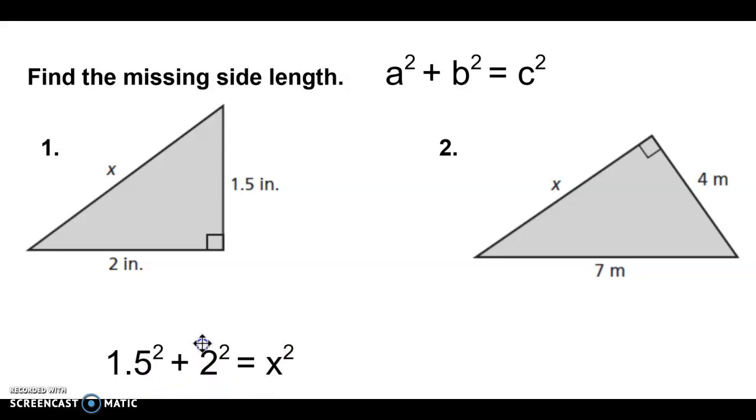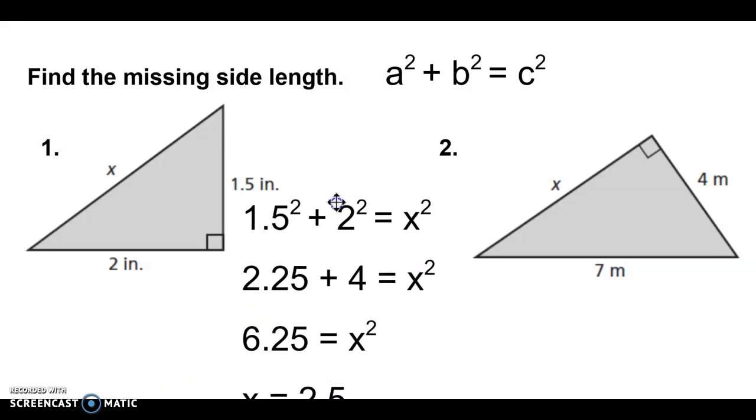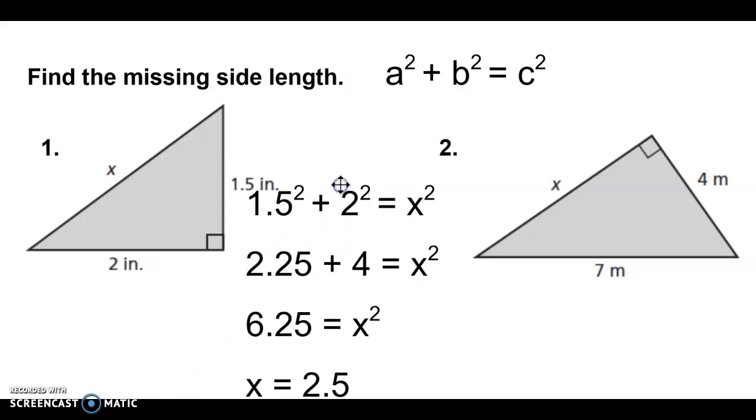So if I want to solve for that, I would add the other two sides together. So I would take 1.5 squared plus 2 squared, and if I add those together, I should get x, the unknown side, squared. Sometimes if you don't know these off the top of your head, you can use a calculator. I know that 15 squared is 225, so 1.5 squared is 2.25.